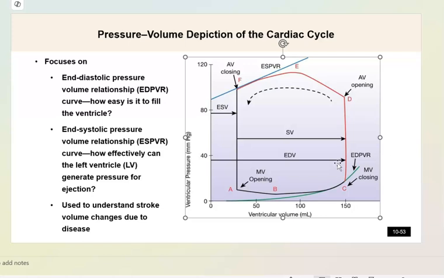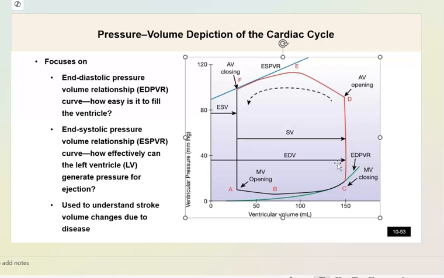Okay. So let's say that one more time, make sure we're understanding what we're seeing here. The EDV is our end diastolic volume, and that is showing us the total volume in our ventricle during diastole.